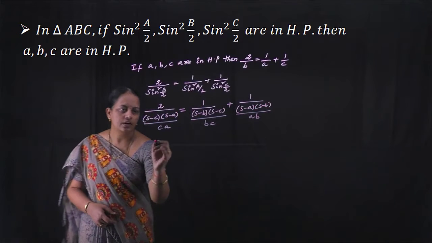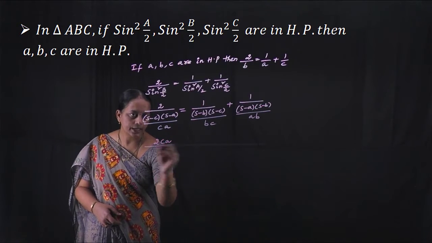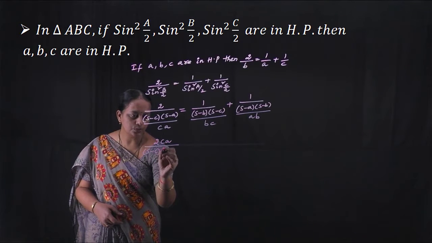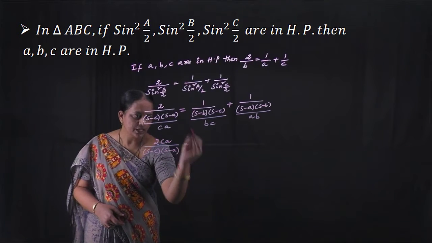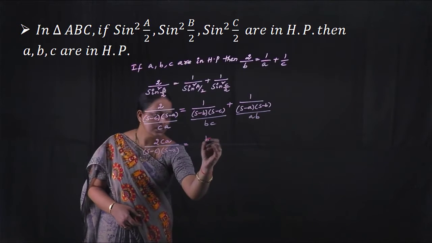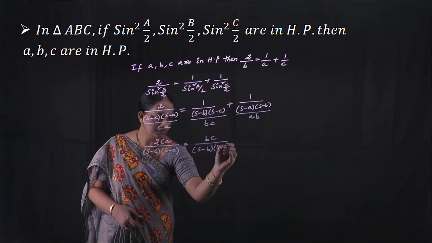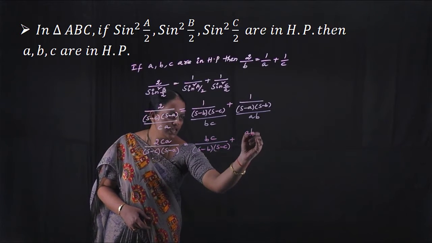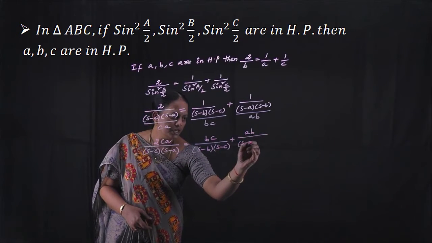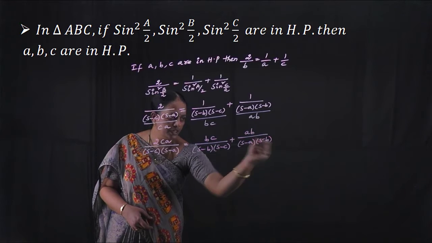From this we can write 2CA/((S minus C)(S minus A)) is equal to BC/((S minus B)(S minus C)) plus AB/((S minus A)(S minus B)).